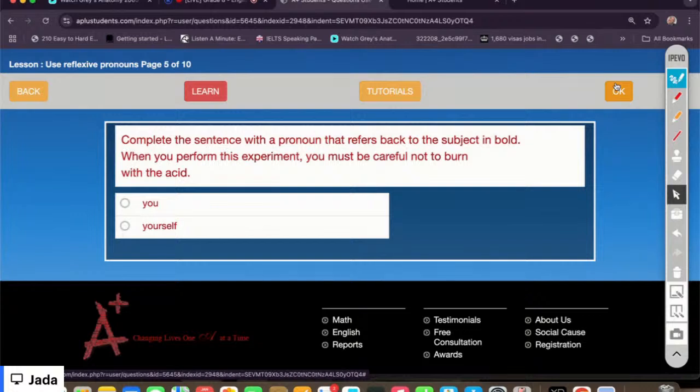When you perform these experiments, you must be careful not to burn yourself with the acid. So you must be careful not to burn you or yourself. What do you think is the right pronoun there? Be careful not to burn what?